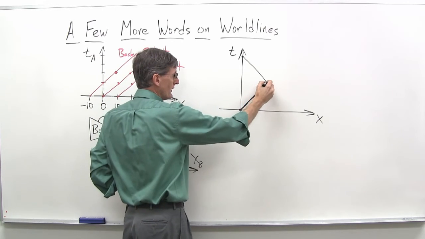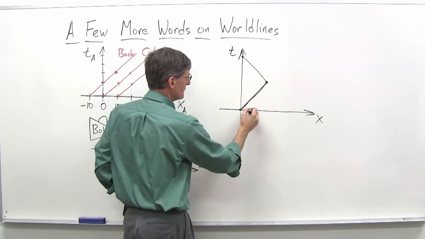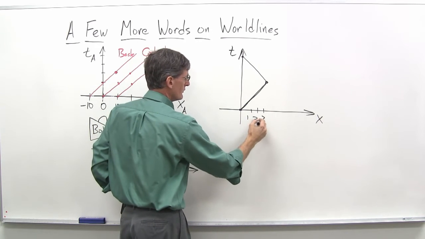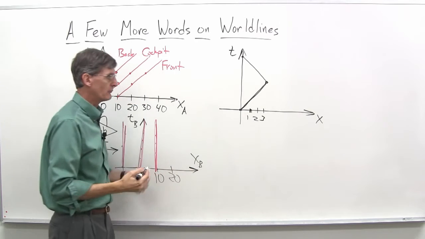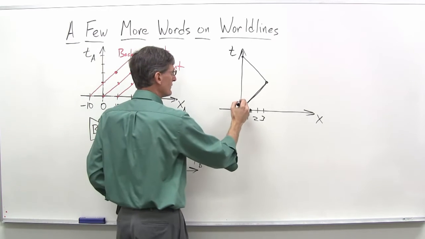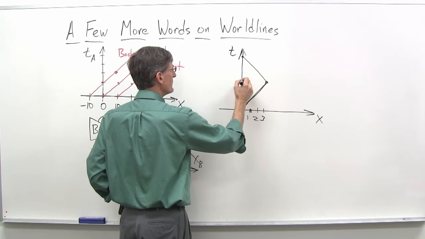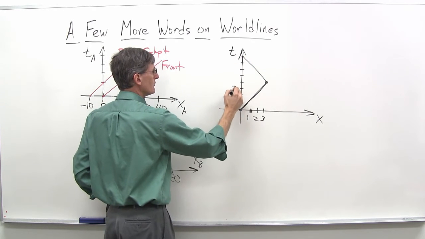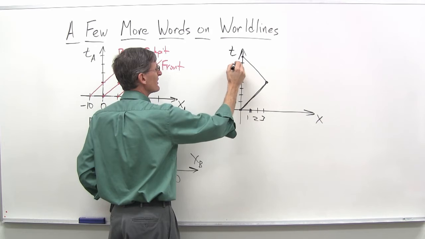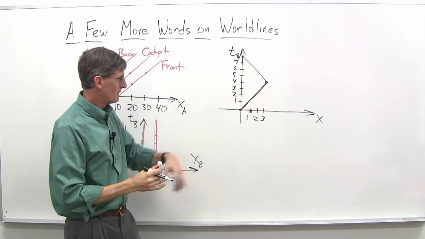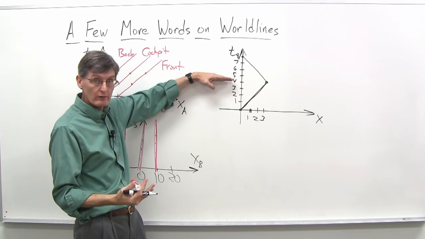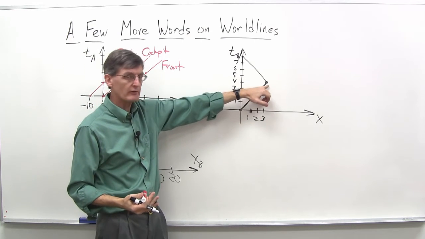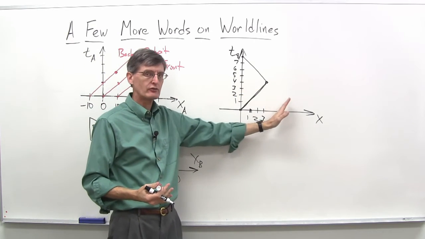Up to this point here, it's moved out maybe 1, 2, 3, something like that. So it's at position 3 at some given time. At time t equals 4 seconds, 4 minutes, 4 years, whatever it happens to be, it's at position 3. It's moved in the positive x direction.